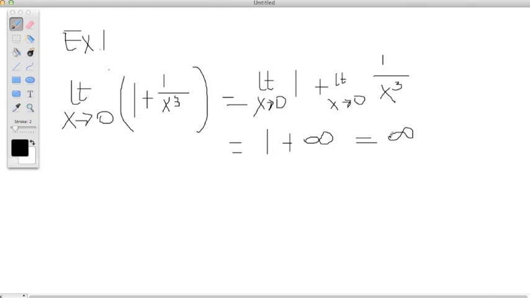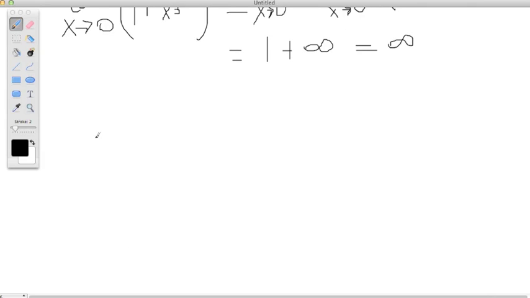Now the next example problem is the quotient property. It's basically the same concept. You have the limit as x approaches 1/2 from the left of x squared plus 1 over tangent pi x.